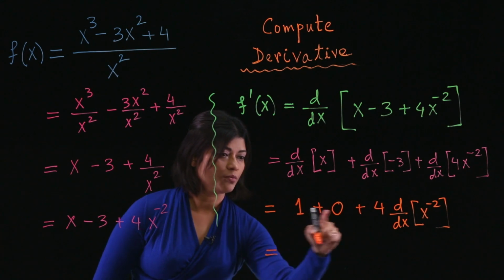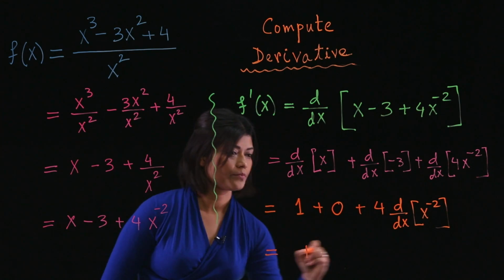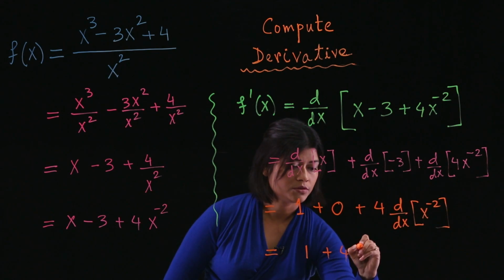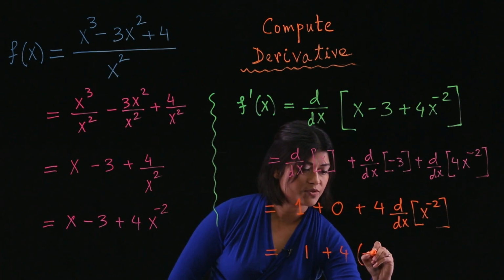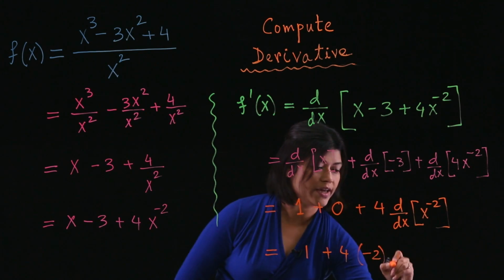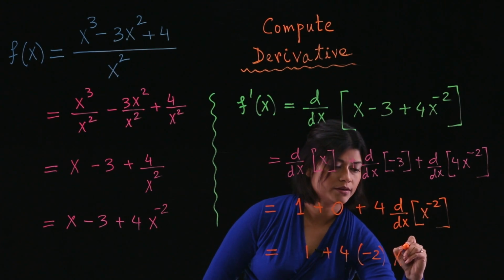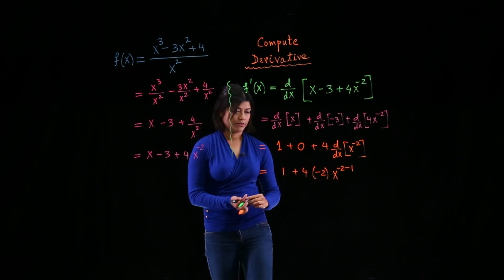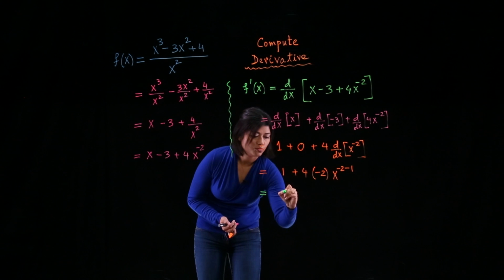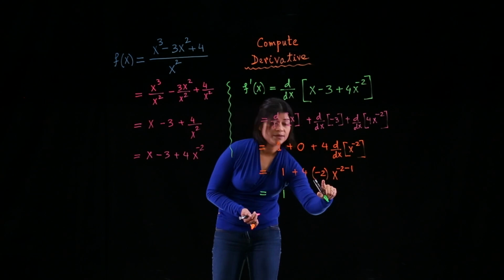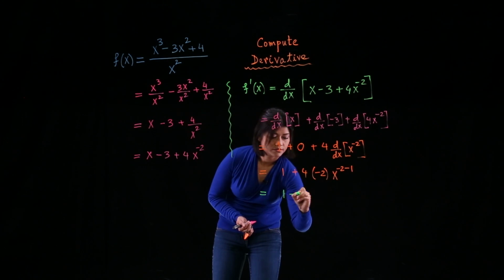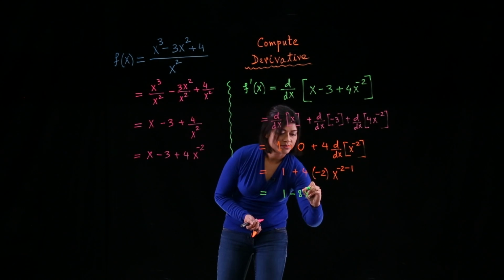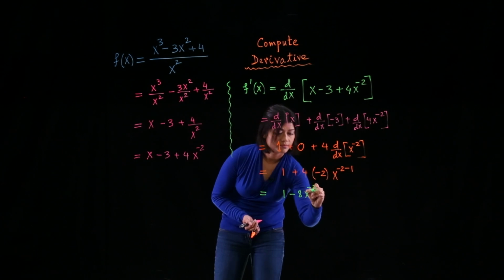Okay. So we have 1 plus 0, that's just 1, plus 4 times, we're applying the power rule, which is n times x to the power n minus 1, so negative 2 times x to the power negative 2 minus 1. So finally, we get 1. 4 times negative 2 is negative 8. x to the power negative 2 minus 1, so that's negative 3.